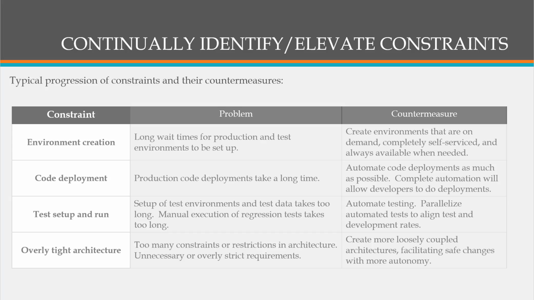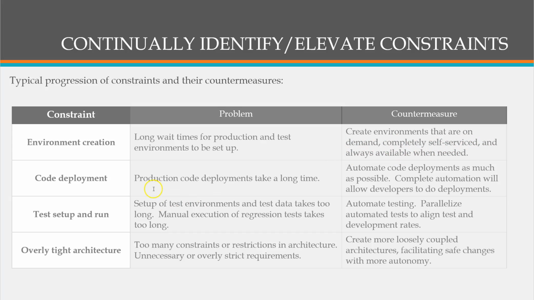For example, long wait times for production and test environments to be set up. That means the testers or even developers, as they develop a software piece, have to wait for these environments, and so they are slowed down and delayed in their progress. The countermeasure to this would be to create environments that are on demand, completely self-serviced, and always available when needed.